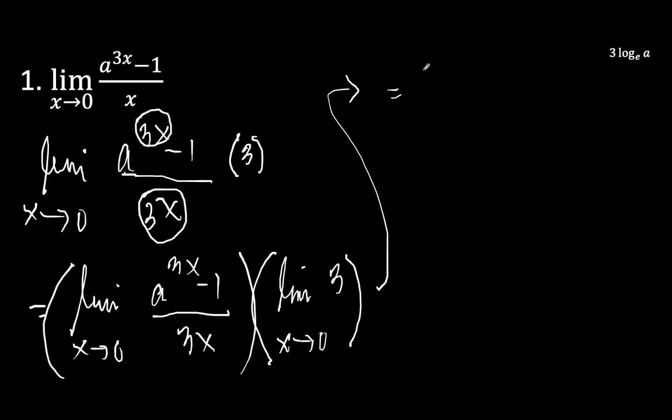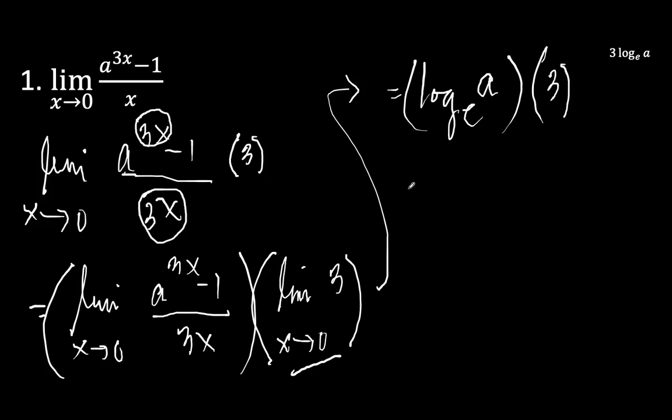This is equal to the logarithm of a, base e, which is the Euler's number, times what is the limit of 3 as x approaches 0, which is always 3. So it is equal to 3 times the logarithm of a to the base e. All right? So this is now our final answer for problem number 1. And I hope we get the same answer.